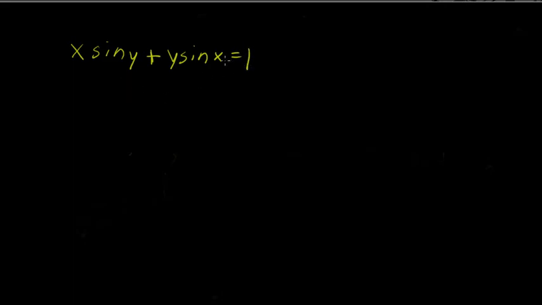We weren't able to define y in terms of x, but we still wanted to find the rate of change of y with respect to x. To do that, we'd have to use implicit differentiation. So we differentiate the left side with respect to x, and that would be equal to the derivative with respect to x of the right side.